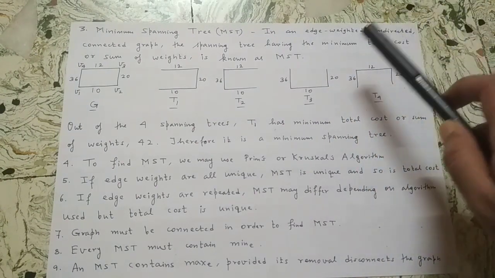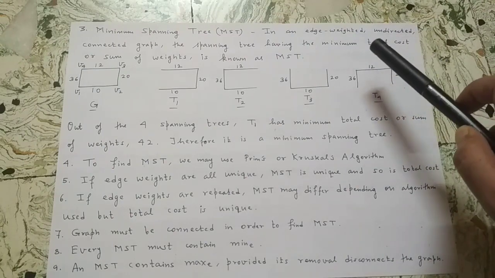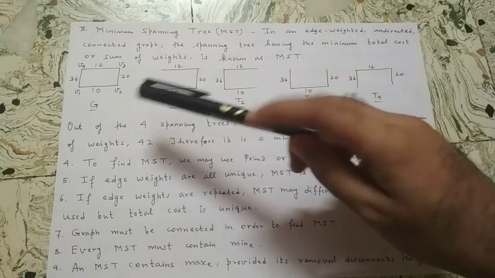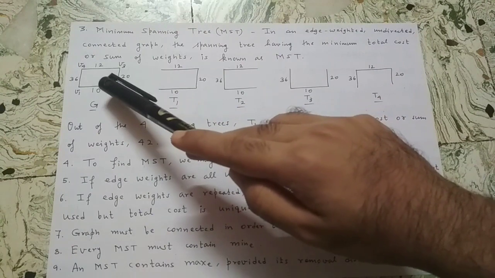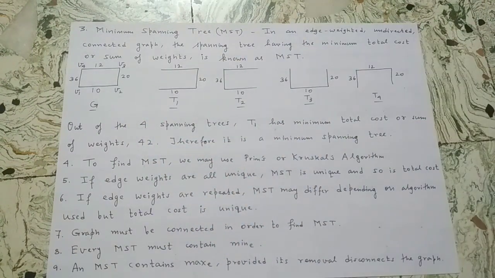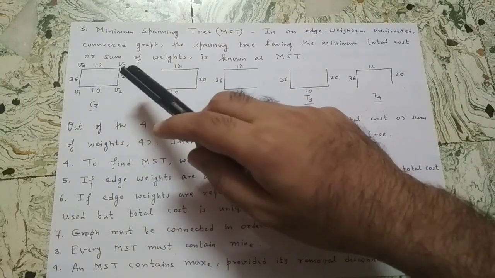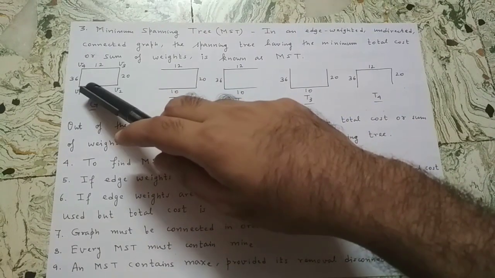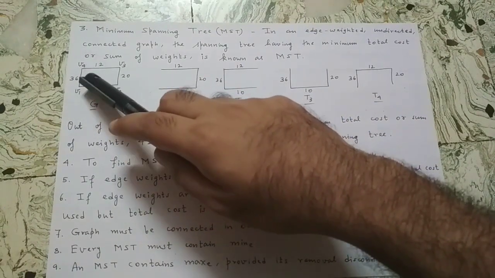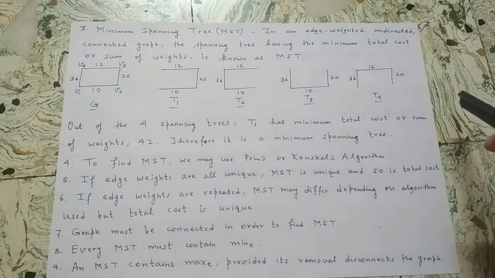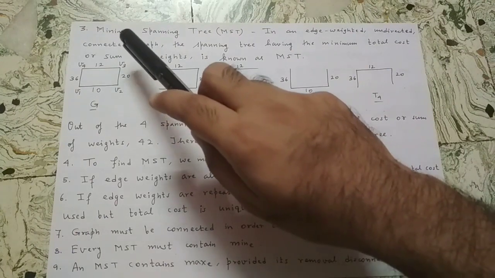That means every edge will be read in the same way from both ends. This edge which you see, which has a weight of 12, you can identify as V3, V4 as well as V4, V3. So the order of the vertices will not matter in an undirected graph. And it also has to be a connected graph.